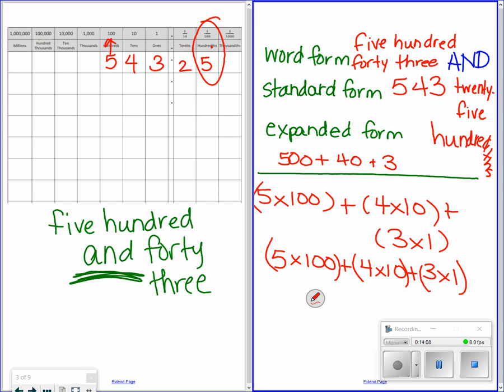Okay, so standard form. So then expanded form, I would just add on to this. Where is my 2? 2 copies of something. 2 times, look up. Not on your place value chart. You're like, what? Look on your place value chart.